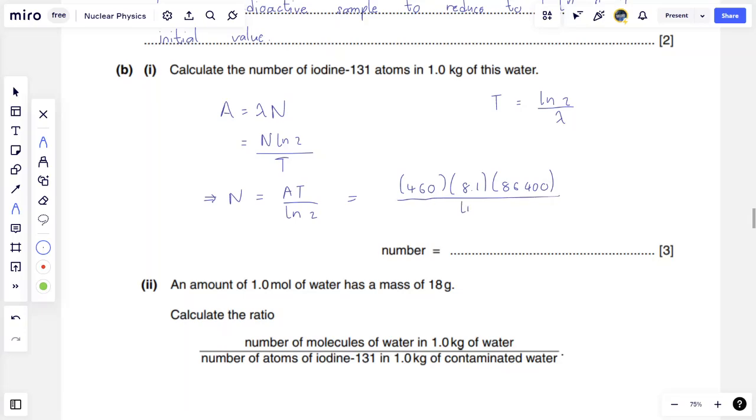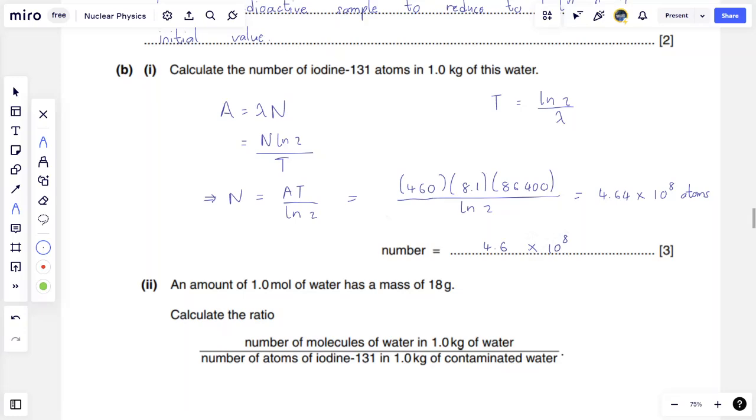And we divide this by the natural log of 2, which is just a constant. And what I get, putting this in the calculator, is 4.64 times 10 to the power 8 atoms. That's the number of iodine-131 atoms in this kilogram of water. And since I'm given two significant figures for the number of days, and I'm multiplying and dividing, my final answer needs two significant figures, 4.6 times 10 to the power 8.